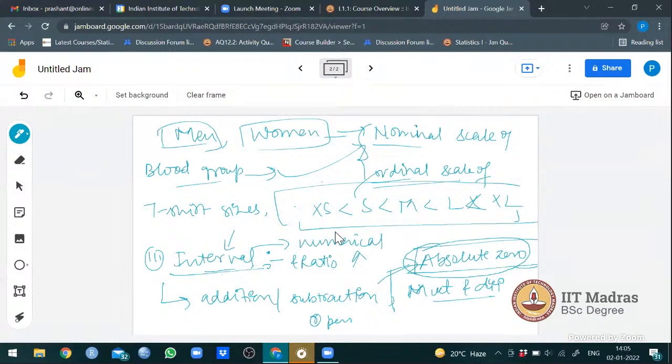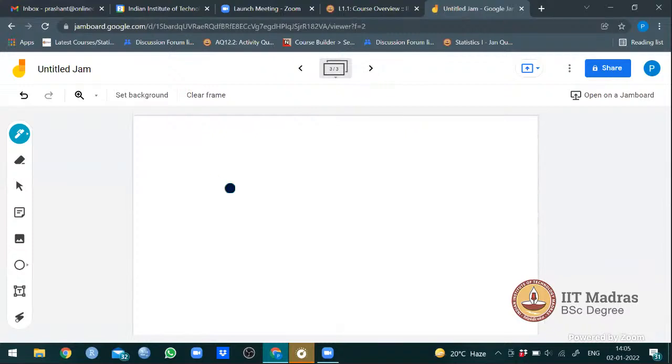So interval is used for numerical data, where addition and subtraction are possible and there is no absolute zero property.